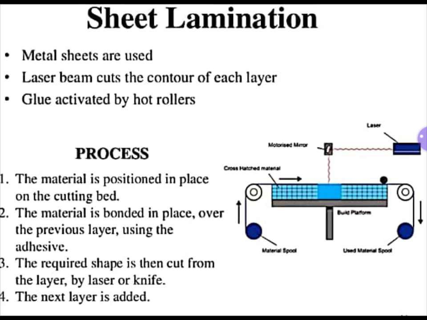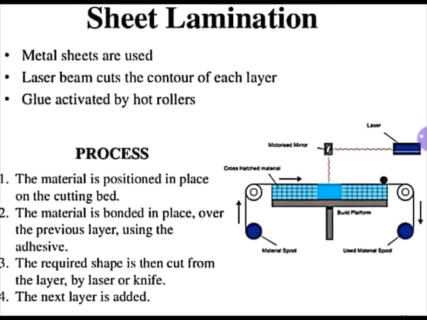First of all, the material is positioned on the cutting bed, and as I have said, when the sheet material passes from the material spool, it is cut by the cutting mechanism according to the required shape, and that sheet material is placed on the build platform.